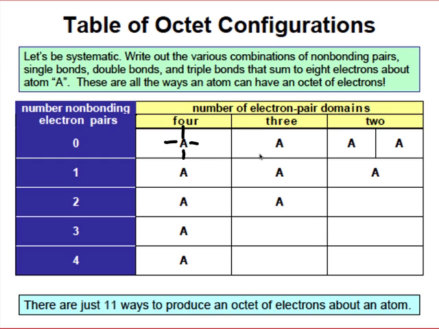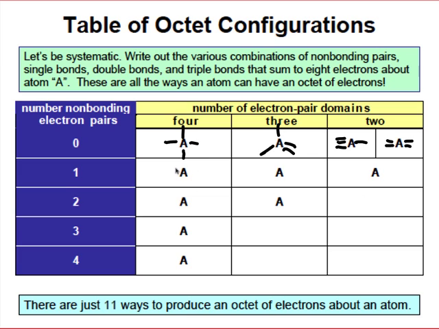No non-bonding electron pairs with 3 electron pair domains would simply involve 2 single bonds and 1 double bond. And finally, with 2 electron pair domains and no lone pairs, we would be looking at a propyne type structure or an allene type structure with 2 double bonds associated with the atom.